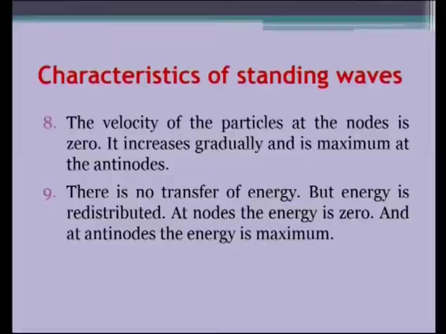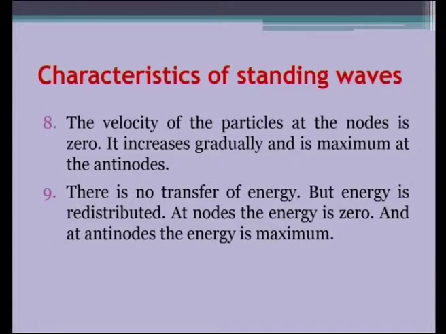Let us proceed further about the redistribution of energy. So, the other key factors are also shown here. The velocity of the particles at the nodes is 0 because there is no vibration at nodes. It increases gradually and is maximum at the antinodes.